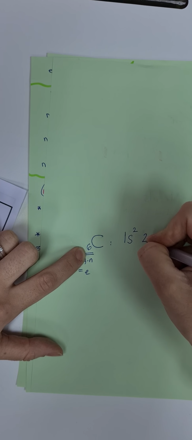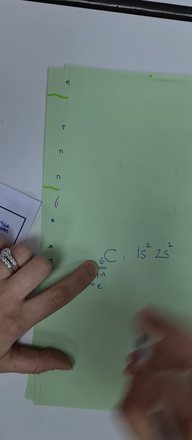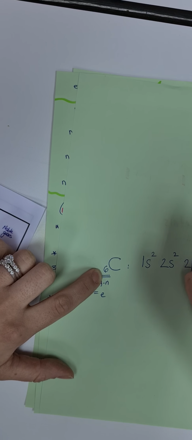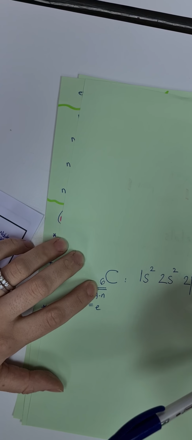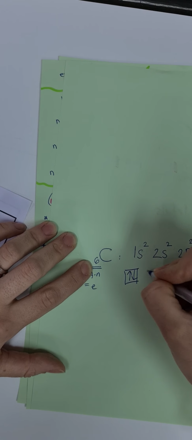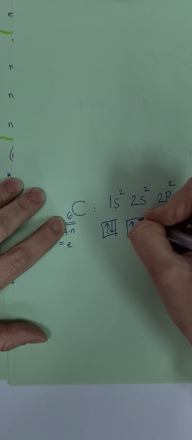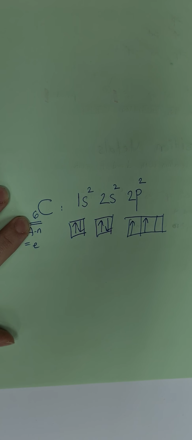So we go to the next, 2s with 2. How many remain? 2. After s we have 2p. How many remain? 2. If I want to draw them, this one will have 2, this one will have 2 electrons, and this one has 3 places with 2 electrons only. You can make them both up or both down.